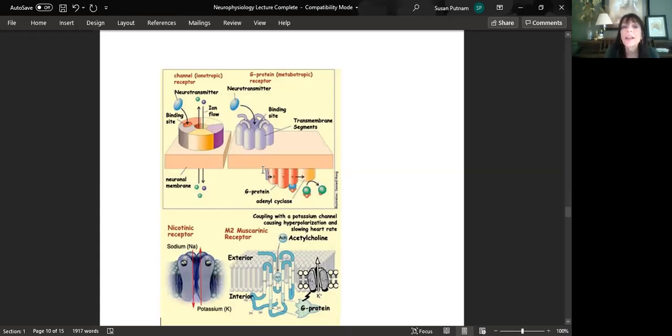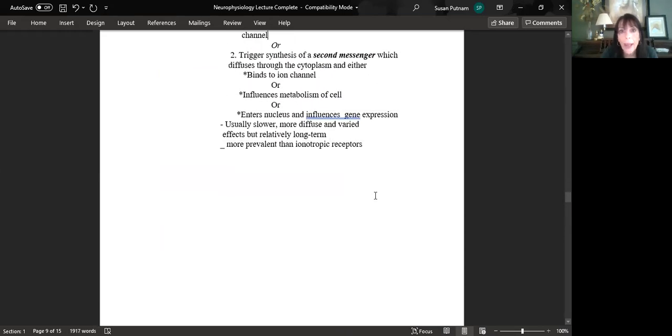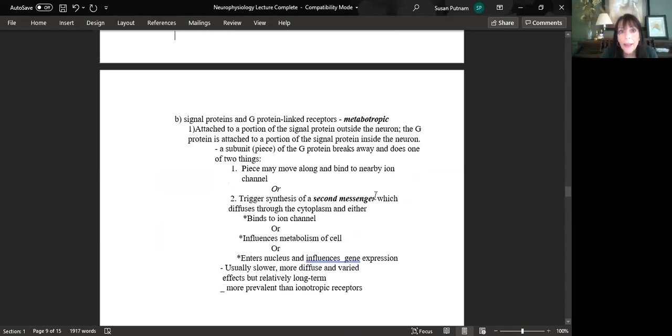Now different things can happen. This is underneath, inside the postsynaptic neuron. This is inside the neuron that is being stimulated by the neurotransmitter that was just released. So let's go up for a minute and look at the things that can happen when a neurotransmitter molecule binds to a metabotropic receptor.